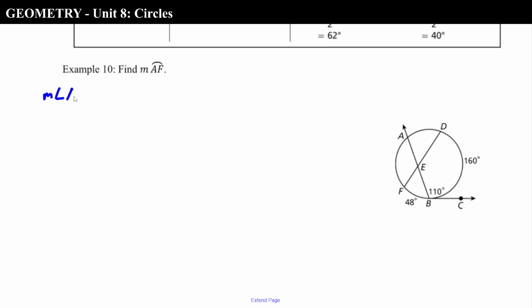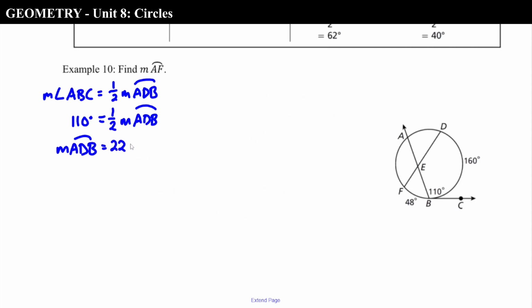The measure of angle ABC is going to be equal to half of the measure of arc ADB. Okay? So we know that ABC is 110. And if we multiply each side by 2, you're going to get the measure of arc ADB. It's 220 degrees.